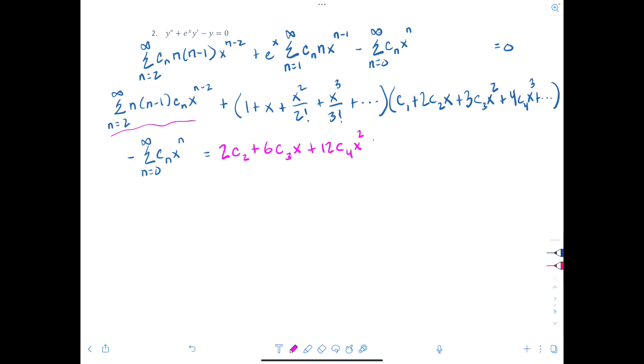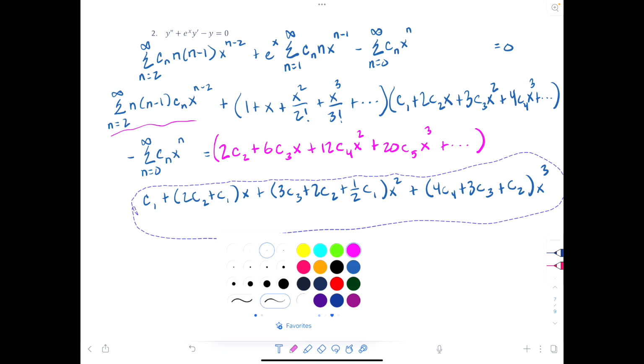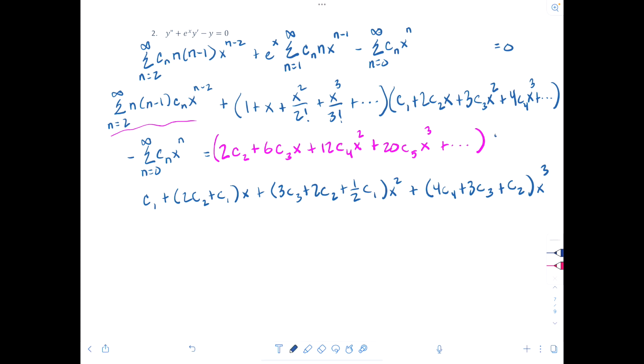When n is 5, we will have, let's see, 5 times 4 is 20, so 20c5 x cubed plus dot, dot, dot. So we've got that one grouped. I'm going to paste the one we just figured out. So that's going to be plus all of this.